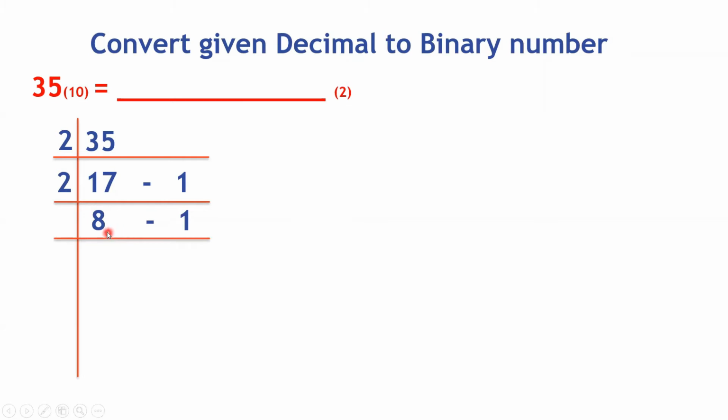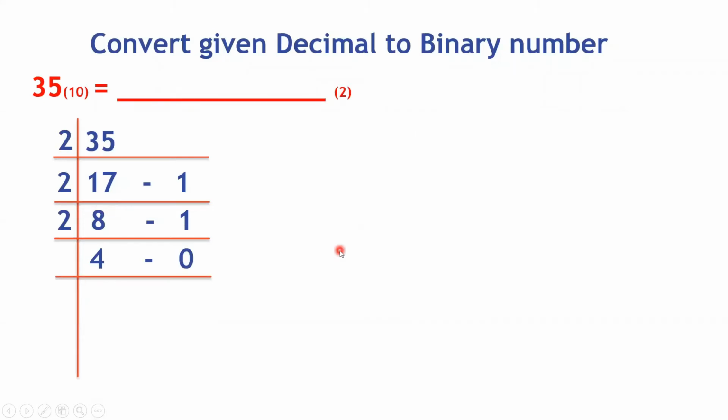Again 8 is there, so we can still divide this by 2. 2 4s are 8. Now the remainder is 0 because it got completely divisible. Remainder is 0 this time.